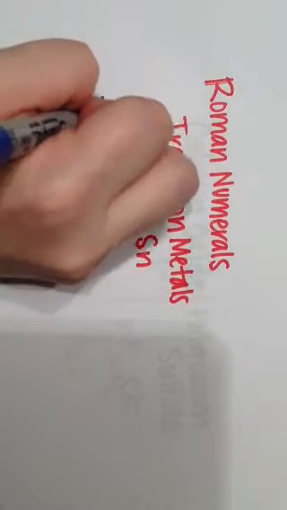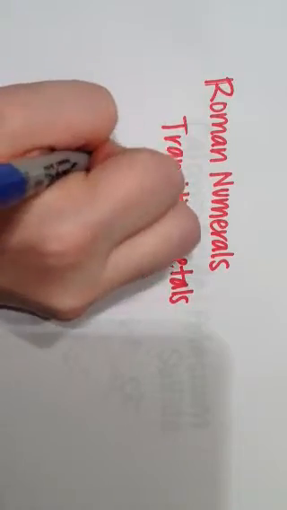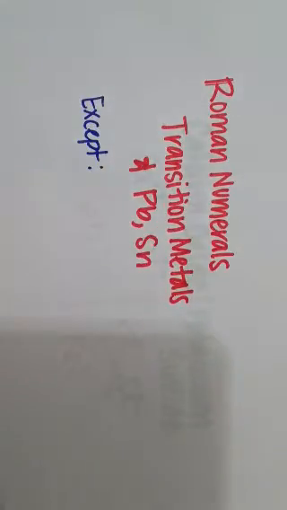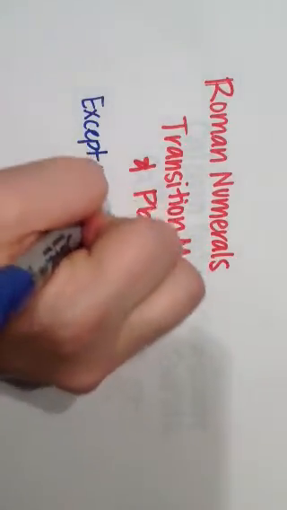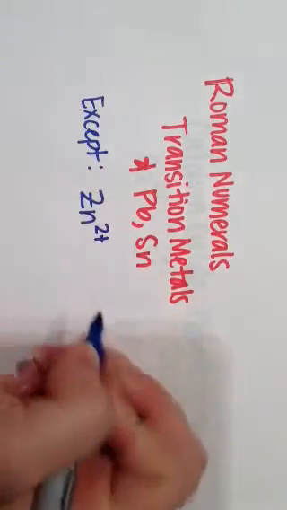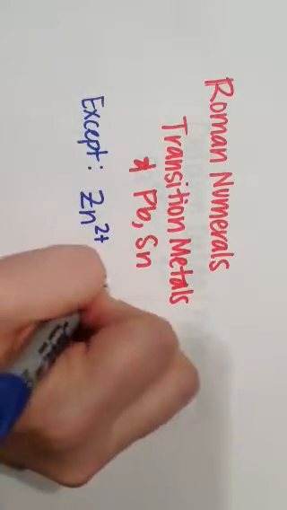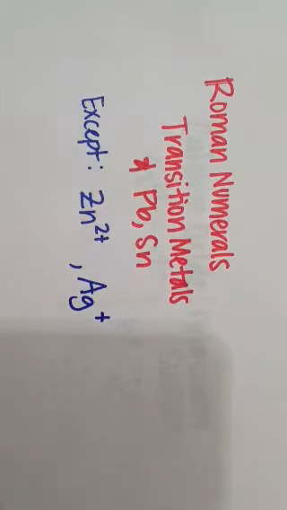Now, there are a couple exceptions. And the two main ones that you guys are going to need to know is zinc, which is always a +2, and silver, which is always a +1. So those two don't require a Roman numeral. If you were to write a Roman numeral in, then it would be okay. You wouldn't get points taken off.